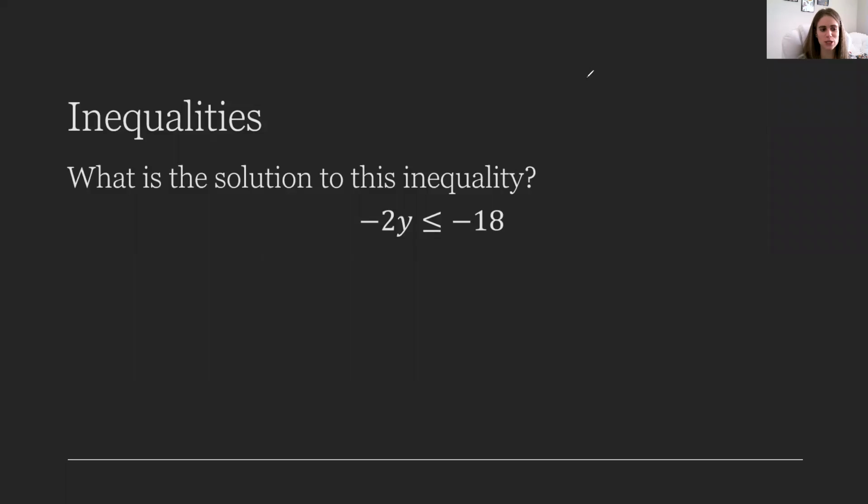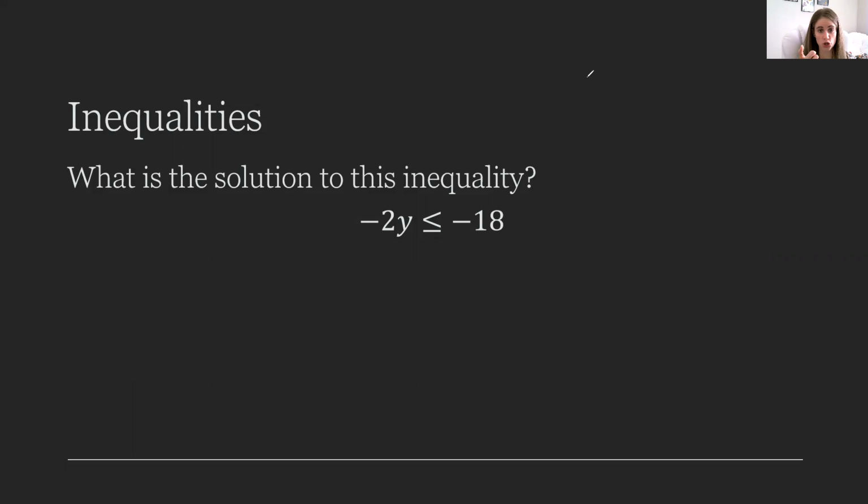All right, this problem, negative 2y is less than or equal to negative 18. This problem is an example of the one difference when it comes to solving inequalities. And that difference is if you multiply or divide by a negative number, then you have to flip your inequality symbol because that negative switches things around.